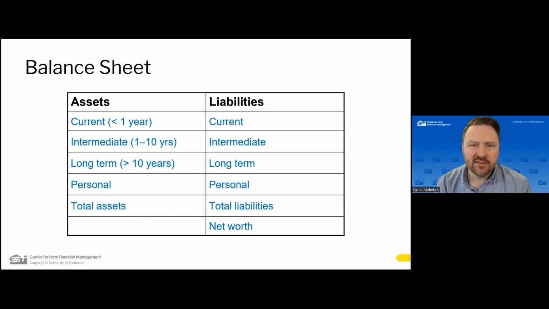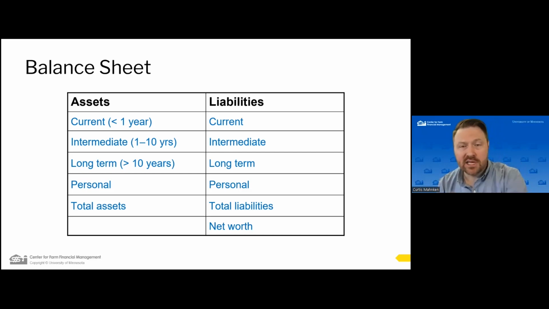Think of the things that you're going to use, and you pretty much have an idea of what those things are that are going to go into each of those sections. And then from a long term, these are buildings. These are things that you're not going to replace quickly. A lot of times they're going to be a lot more expensive as we go through it. But those are the three categories.